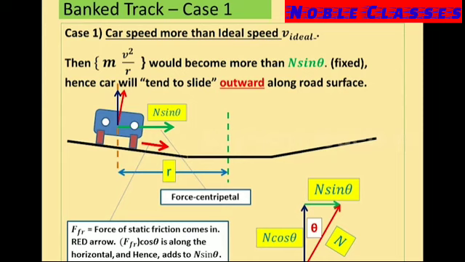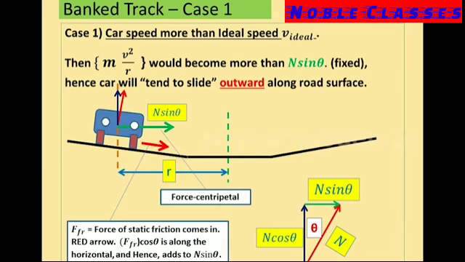Now let's get back to case 1. The speed is slightly more than the ideal speed. So the mv squared by r is more than N sin theta. And that's why the car tends to move outwards, and therefore friction is opposite to that tendency and acts at an angle downwards.